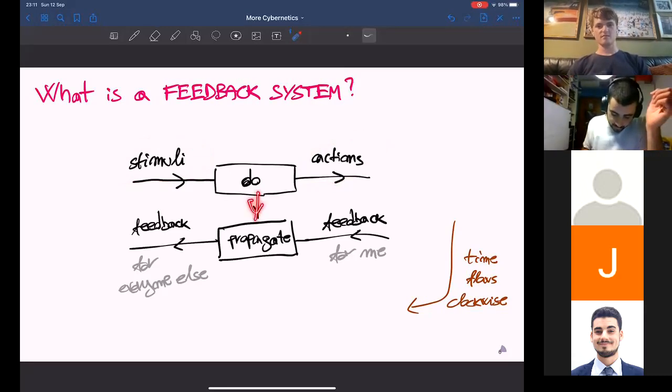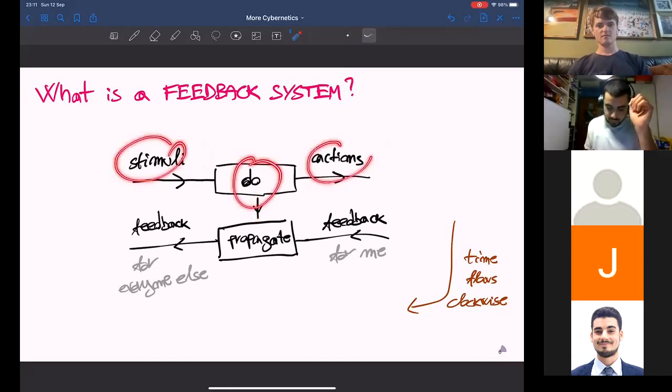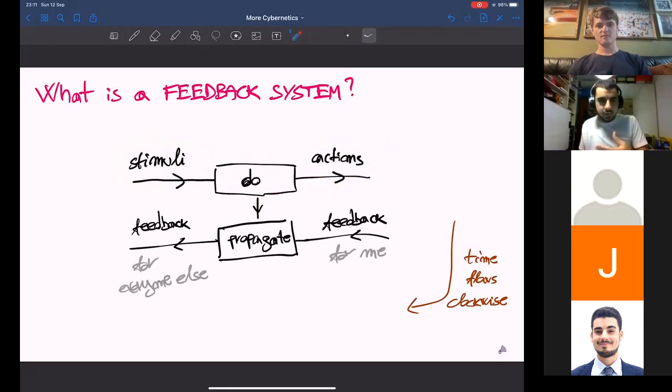And then there's some kind of storage of memory. So we remember what we've seen and what we gave back to the environment. And then at some point I receive a feedback. This feedback can be pretty much anything. What makes it a feedback is the way we use it.